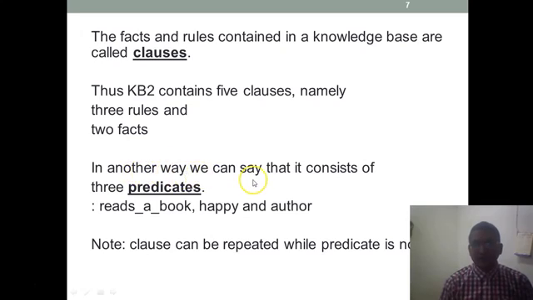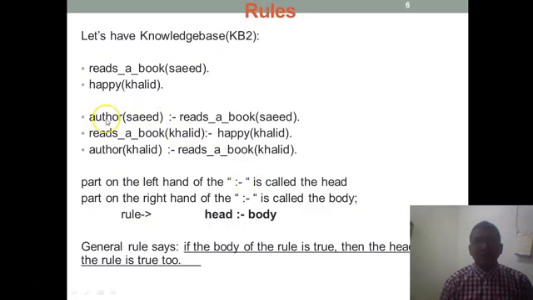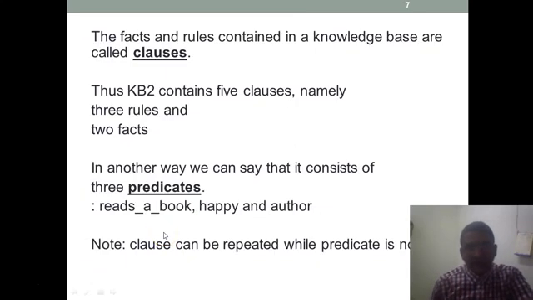Another way we can say it is that it consists of 3 predicates. Predicates are a unique set of information that we have created in the knowledge base.